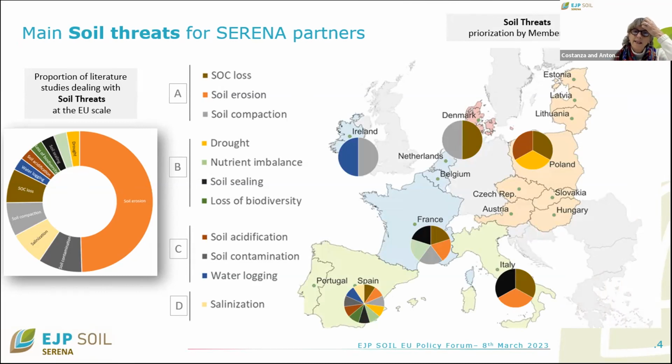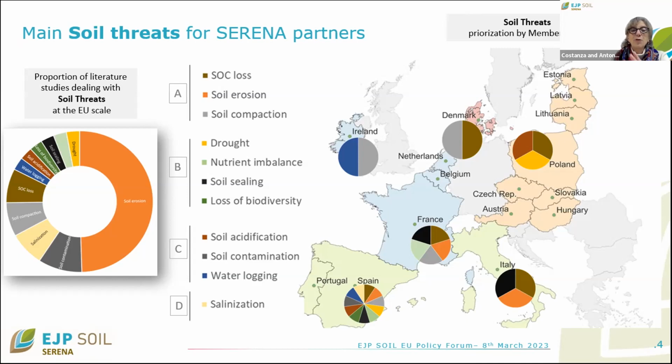And you see that there are differences in how the partners assess the priorities for the different threats. So we have cases like Spain, where they assess every threat with more or less the same importance, while some countries went for only two priorities, like Ireland and Denmark, compaction and organic matter or waterlogging in the case of Ireland.